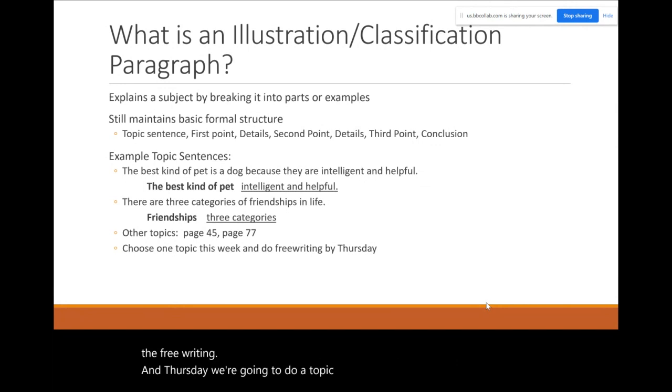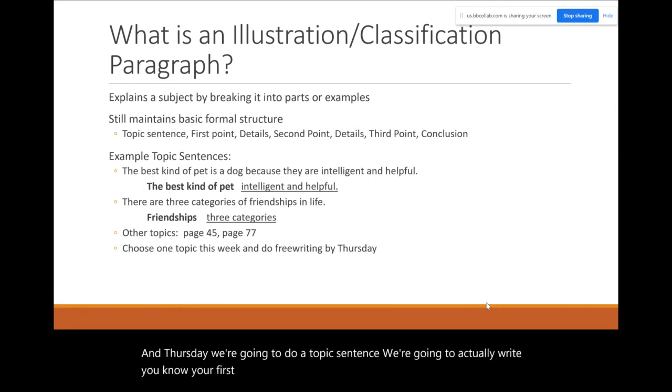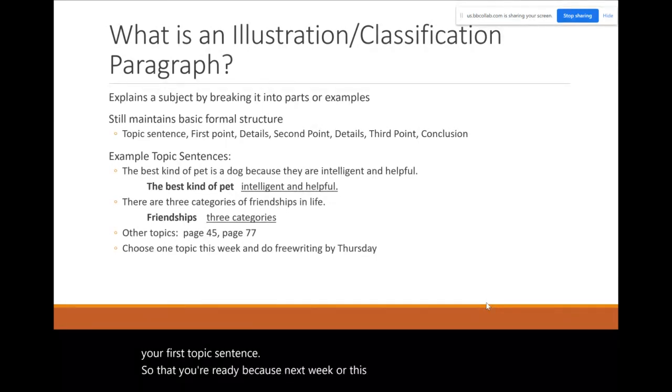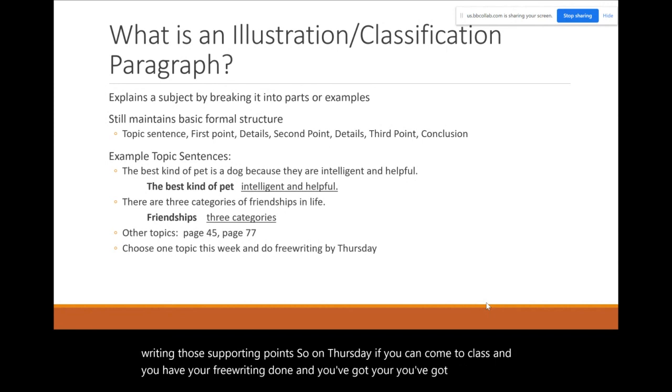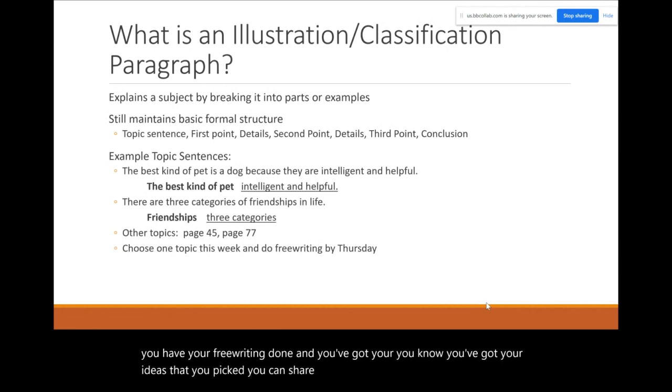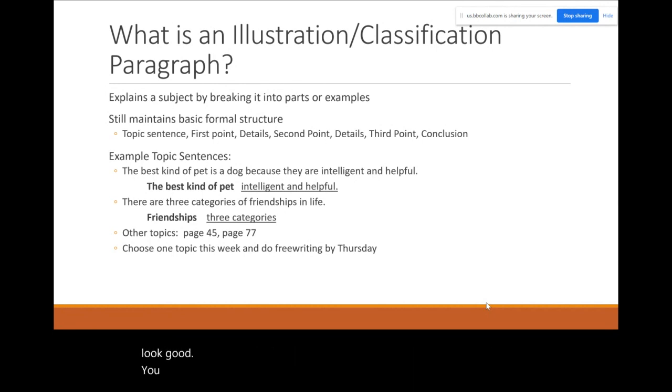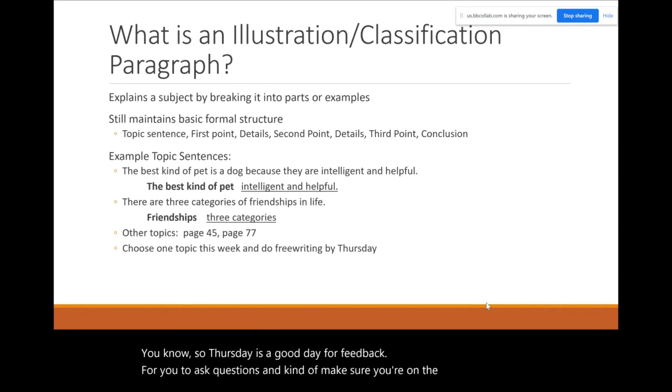We're going to actually write your first topic sentence so that you're ready, because next week or this weekend you can begin writing those supporting points. So on Thursday, if you can come to class and you have your free writing done and you've got your ideas that you picked, you can share those with me and I can say, yeah, those look good. So Thursday is a good day for feedback, for you to ask questions and make sure you're on the right track with your topic.